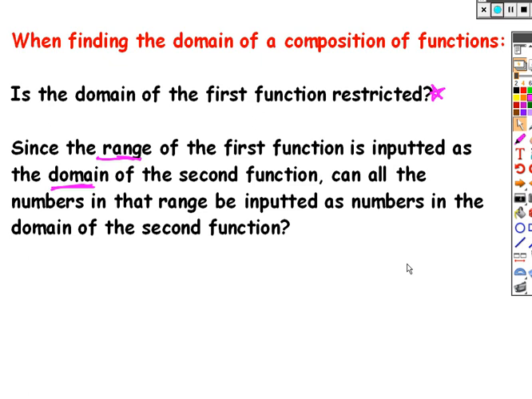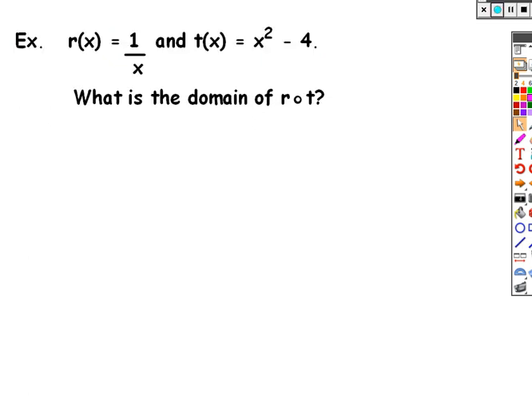So let's take a look at an example to kind of expand what we were just talking about. What is the domain of r of t? If I want to look at the composite function r of t of x, I'm starting with function t, and I want to plug that into function r.